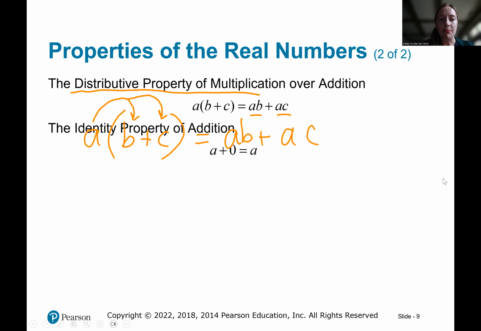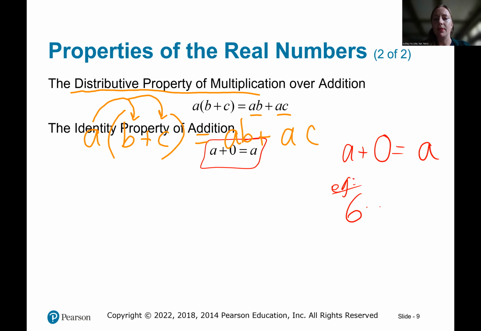And then there's the identity property of addition. I think if you're sitting here wondering, really, do we have to say this? Any number plus 0 is the original number back. I don't know if that's really necessary to say, but it's worth saying. For example, if you add 0 to 6, of course it's still going to be 6. And I could have replaced 6 with any number, and it's going to be true.